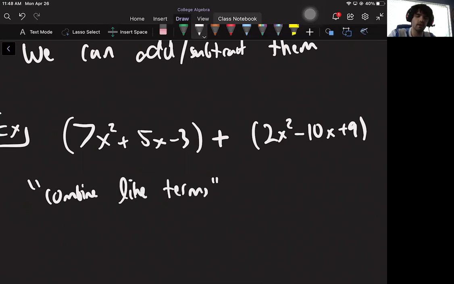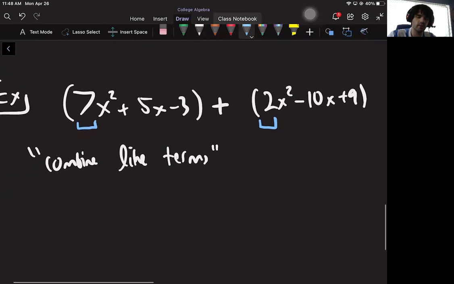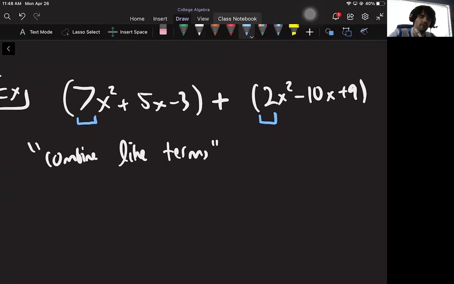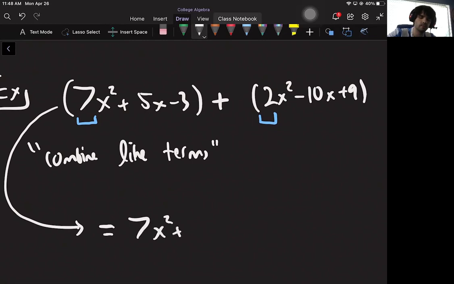And what that really means is this number in the front represents how many x squareds you have. So I have 7x squareds and I have 2x squareds. So since 7 plus 2 is 9, this gives me 9x squareds. So this equals, I'll just do one step at a time.